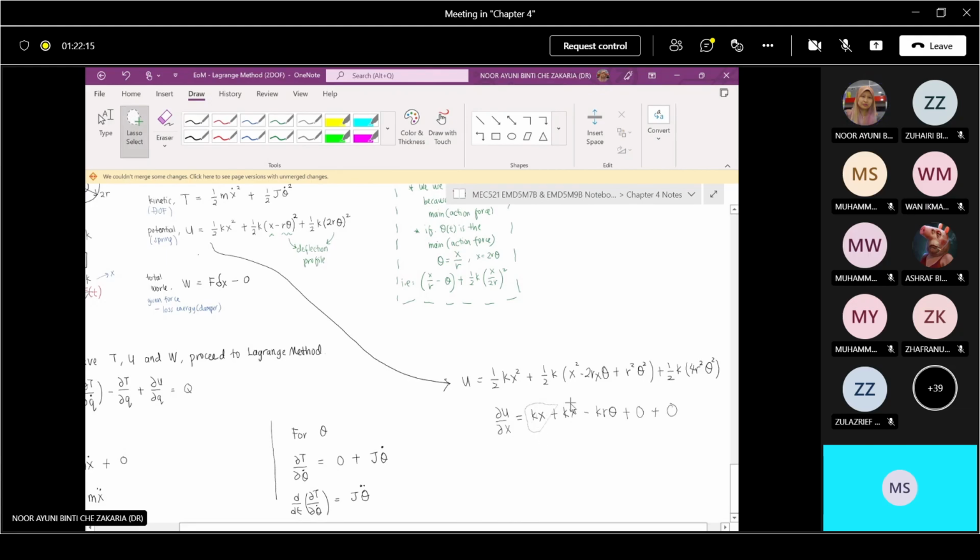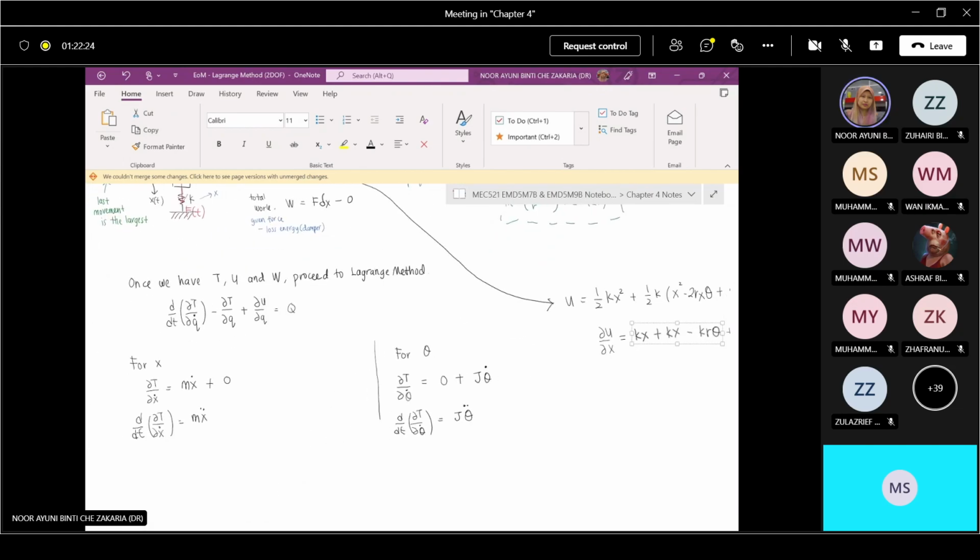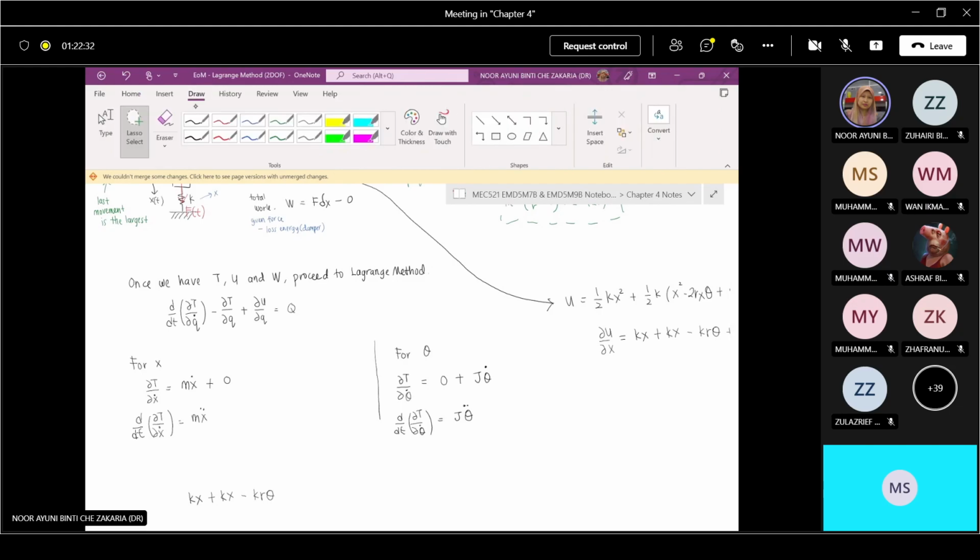Okay. Tengok dengan saya punya calculation. This is u with x.